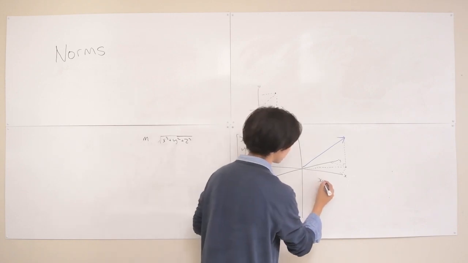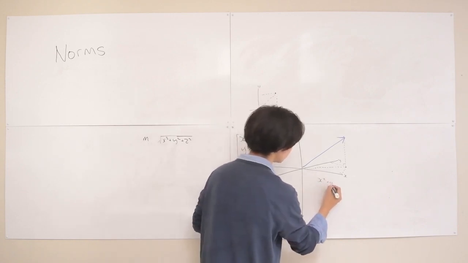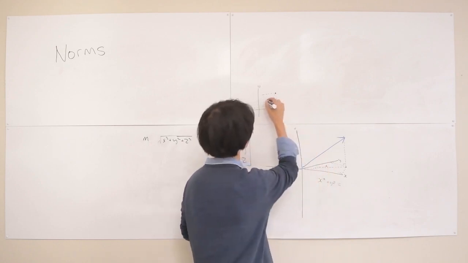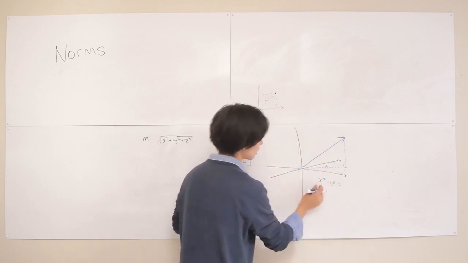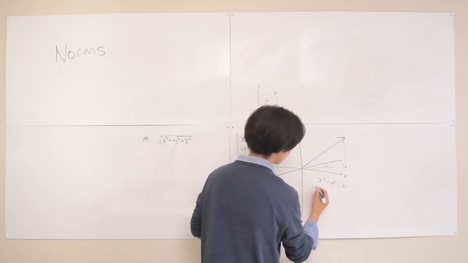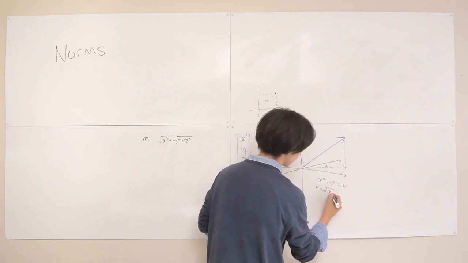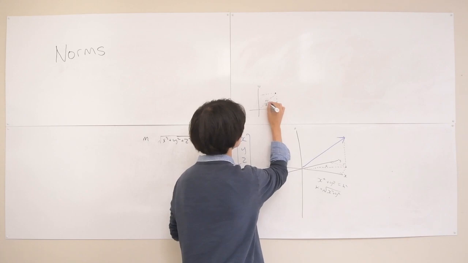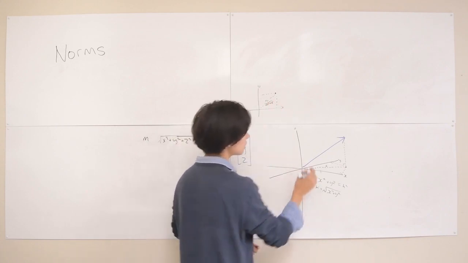That's going to be x squared plus y squared equals k squared, where we call k the magnitude of this line here. So that means k is equal to the square root of x squared plus y squared. So the length of this is going to be the square root of x squared plus y squared, as we just talked about.